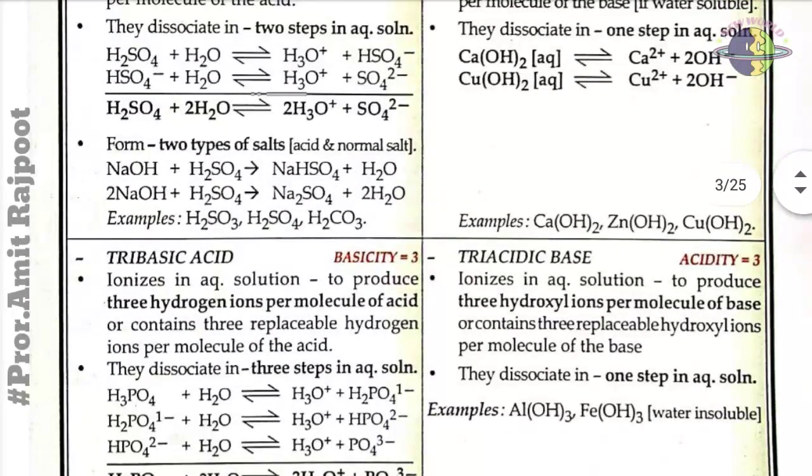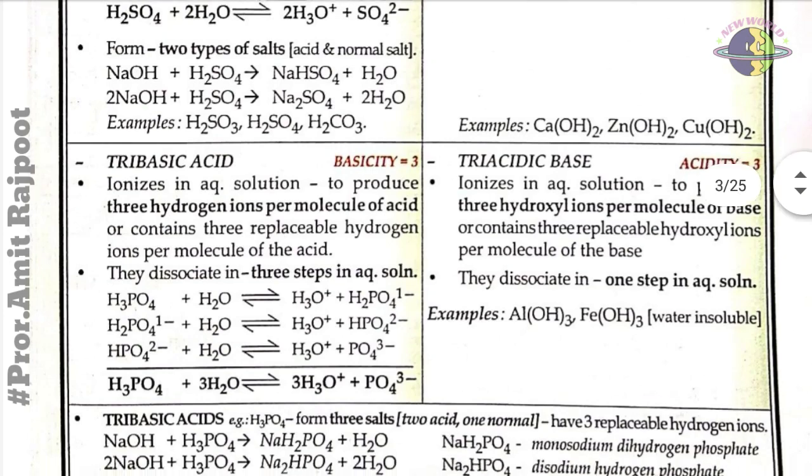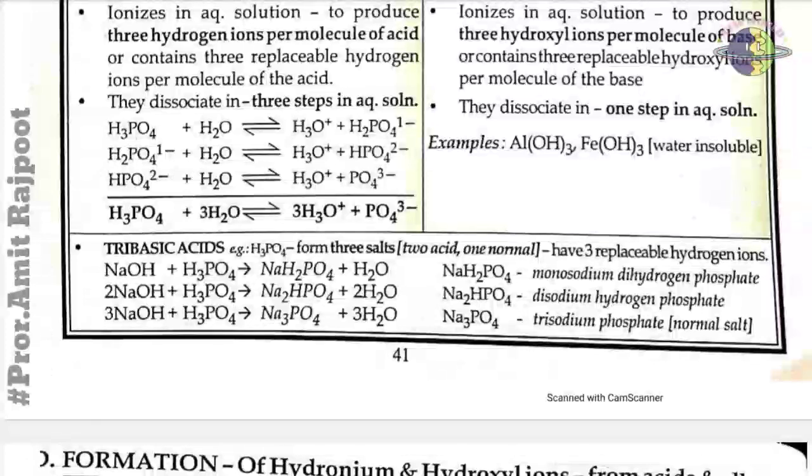Now tribasic acid and triacidic base. In tribasic acid, H3PO4 has 3 hydrogens, and it is a 3-step aqueous solution reaction. In a triacidic base, the number of hydroxyl ions is 3, as in Al(OH) whole thrice, which shows the acidity.